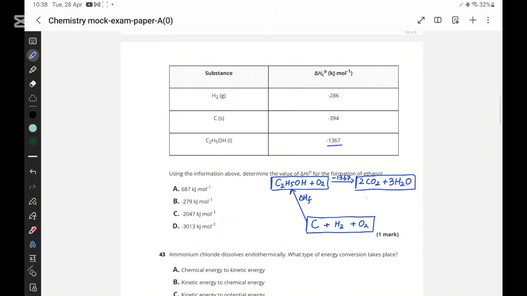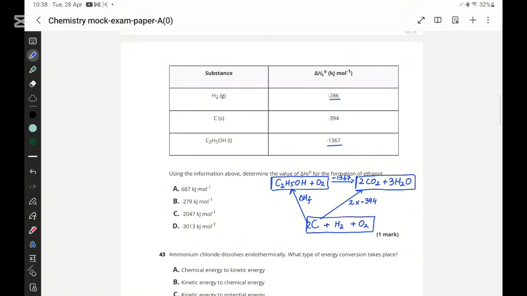For carbon dioxide, as you know, we need 2 moles of carbon. For 1 mole of carbon, that is minus 394, and for 2 moles of carbon, that is 2 times minus 394. For hydrogen, 1 mole of hydrogen has minus 286.